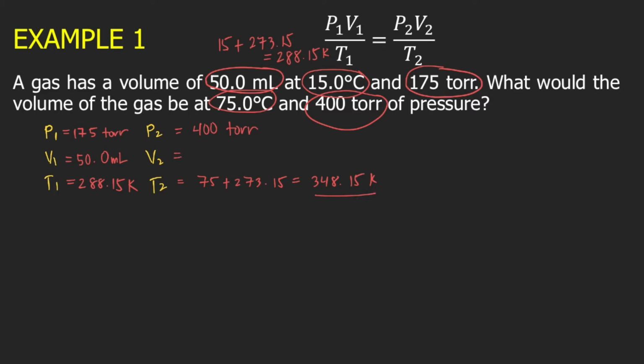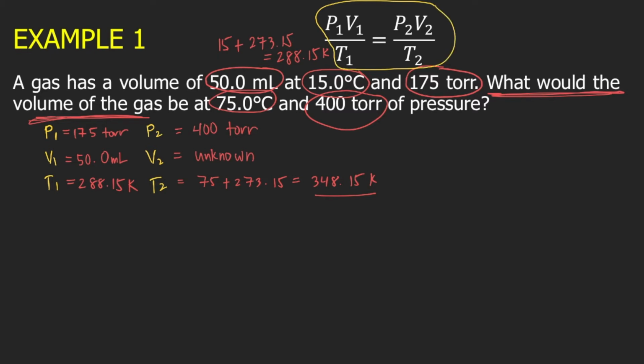V2 is not given in the problem. So if you read the problem, there's nothing there that says V2. So this is unknown. So in this problem, we are actually looking for V2 because it says what would be the volume of the gas. So we are looking for V2. So we will be using the combined gas law. This one, P1V1 over T1 equal to P2V2 over T2.